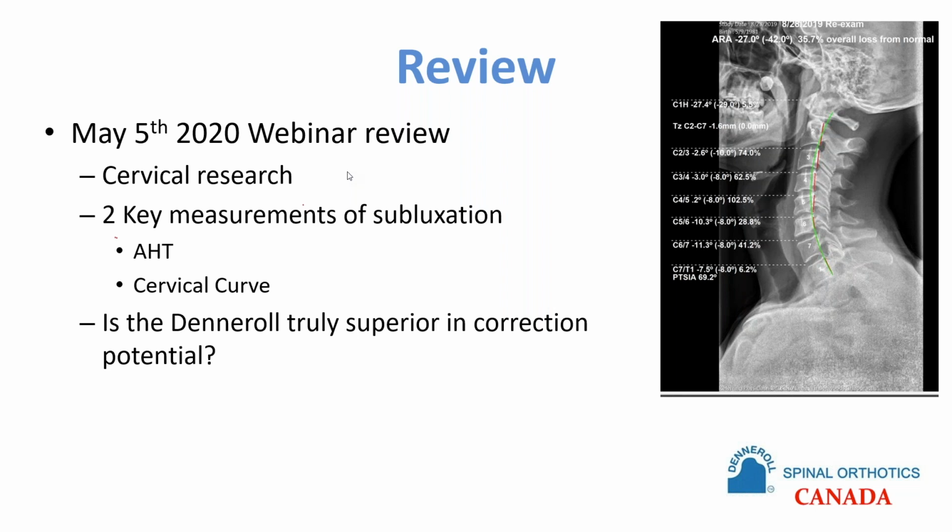So we looked at what the ideal was. We talked about spines deviating away from normal. And then we showed you the randomized clinical control trials on the cervical dental roll, discussing the reestablishment of that curve or improvement of the cervical spine using the cervical dental roll.